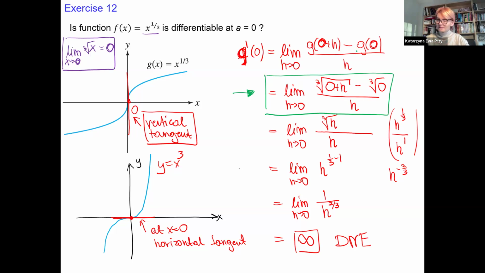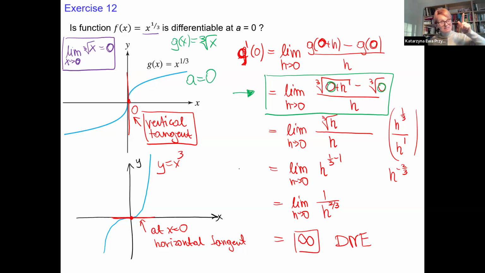Actually f, g, the same thing. Looking at this, we know that this is the derivative of the function cube root of x, and the number a is 0.